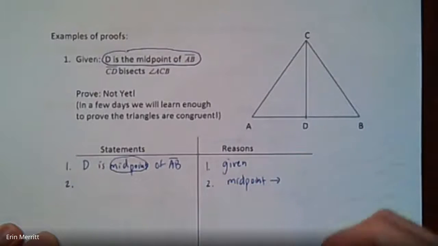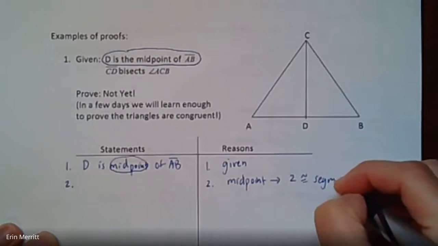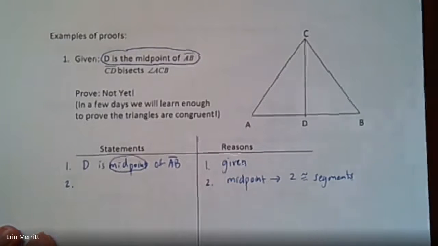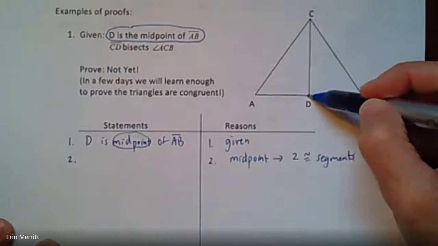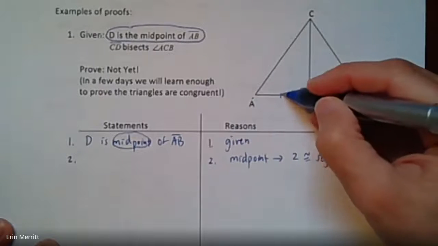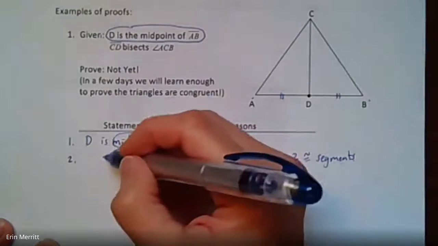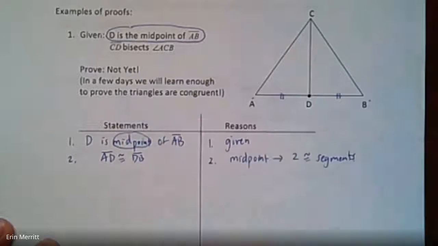So midpoint implies 2 congruent segments. All right. Then you'd look to the diagram to figure out what are the 2 segments I want to say. So if D is the midpoint of segment AB, that means that AD and DB are the 2 congruent segments. So that's what goes under the statements, AD and DB.